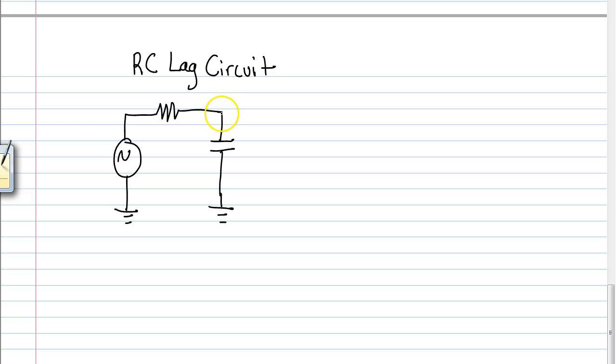And all you do to set up a lag circuit is you take the output voltage as measured across the capacitor. That gives you an RC lag circuit because the output voltage is going to lag because of that capacitor. So we apply a voltage in, we get a voltage out that's different.